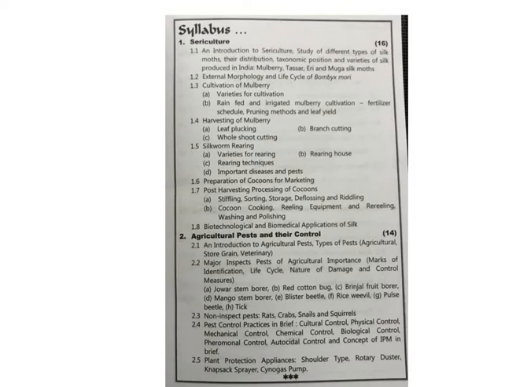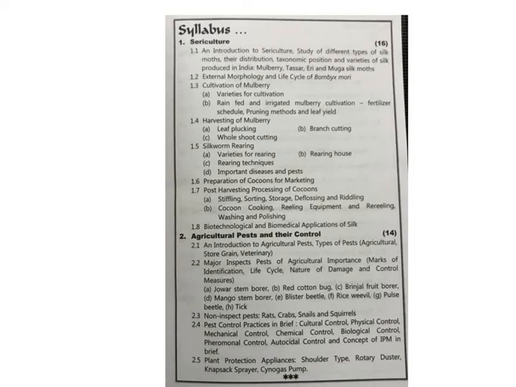Now the next point is non-insect pests such as rats, and these are not acting as pests. So they are again friends of the farmer. The next point is pest control practices in brief. The practices such as cultural control, physical control, mechanical control, chemical control, biological control, pheromonal control, autocidal control and the concept of IPM, that is integrated pest management, in brief.